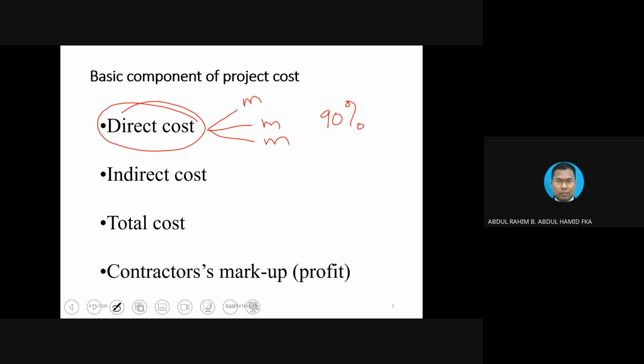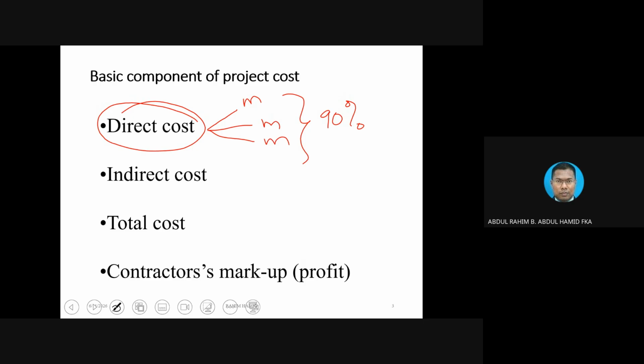Then comes the other dimension, indirect costs. Other than man, machine, and material, other costs could be utility bills, cabins, or the salary of the professional or management team.